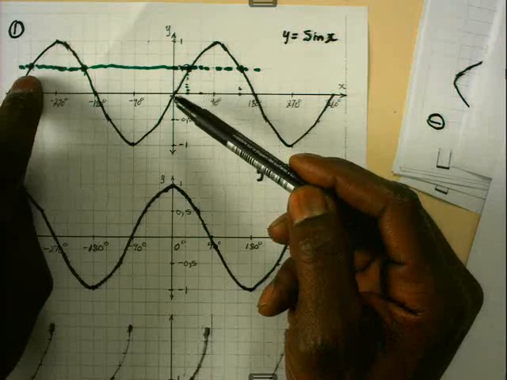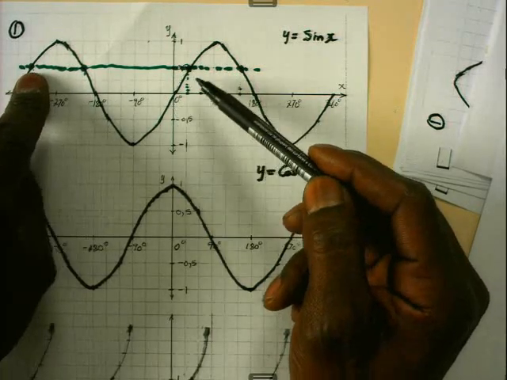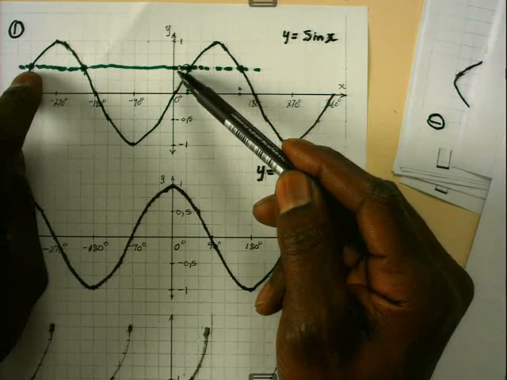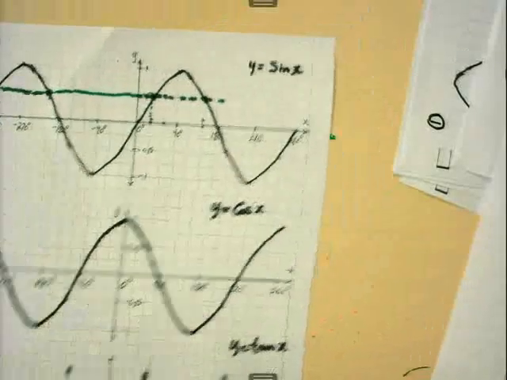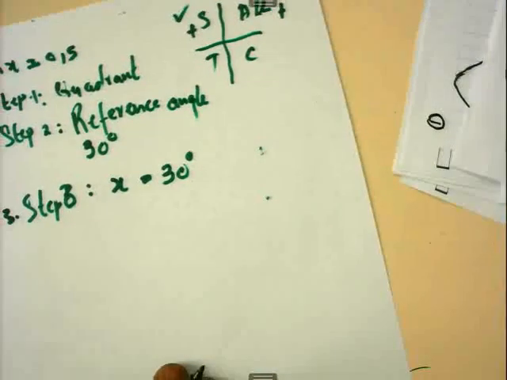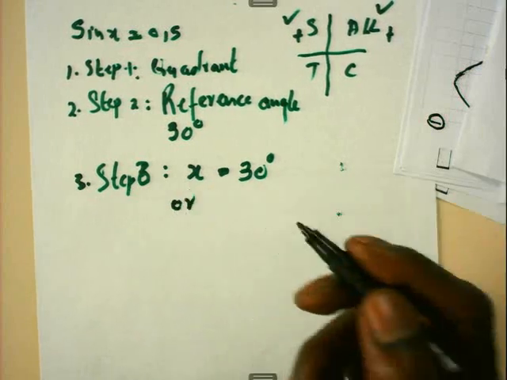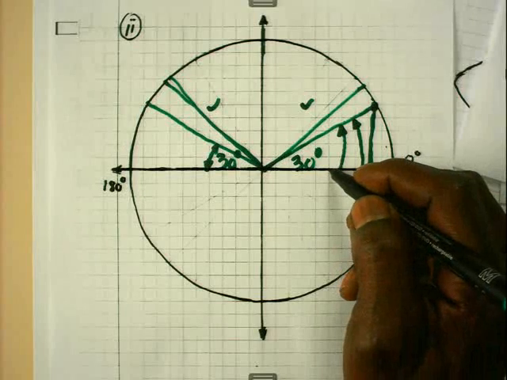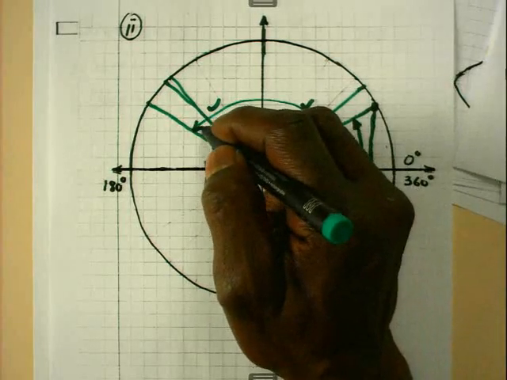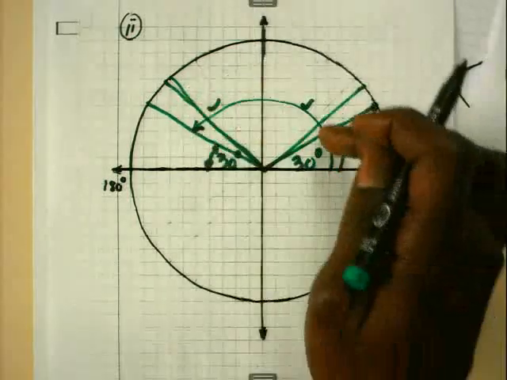Now, if you count the number of degrees from here up to there, it will be 360 degrees, which is making one revolution. That's why we are having this solution as x is equal to 30 degrees, or another solution, which will be, we start counting from here up to there. The solution for here will be, we want this angle.